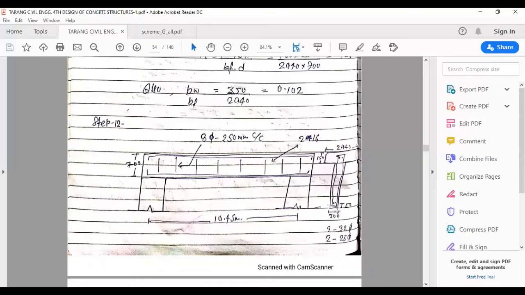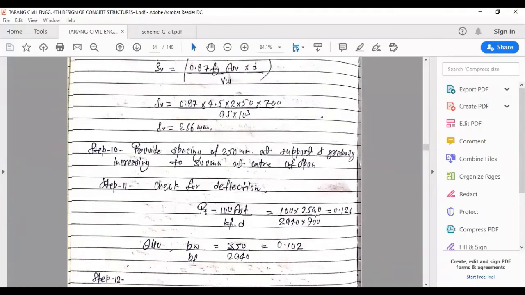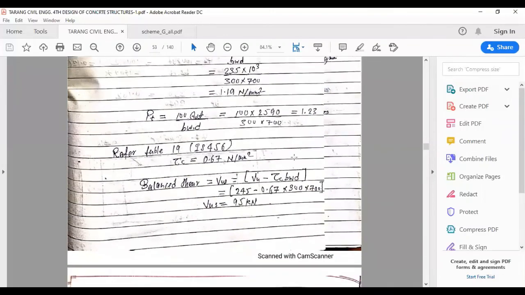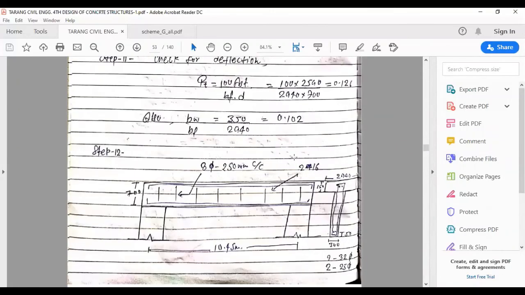The breadth of web is given as 300 mm. And the reinforcement provided here, which we took as 2 bars of 32 mm dia and 2 bars of 25 mm dia in this step. And this is how our design section will look.